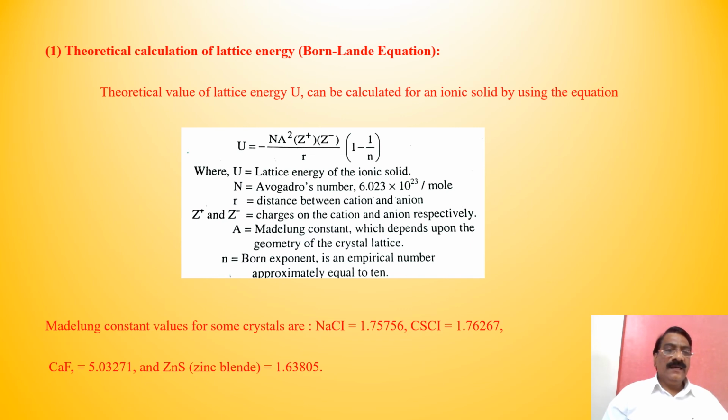For CaF2 it is 5.03271, and for ZnS zinc blende it is 1.63805. These are the values of capital A, that is the Madelung constant. We can use all these theoretical values and calculate the lattice energy.